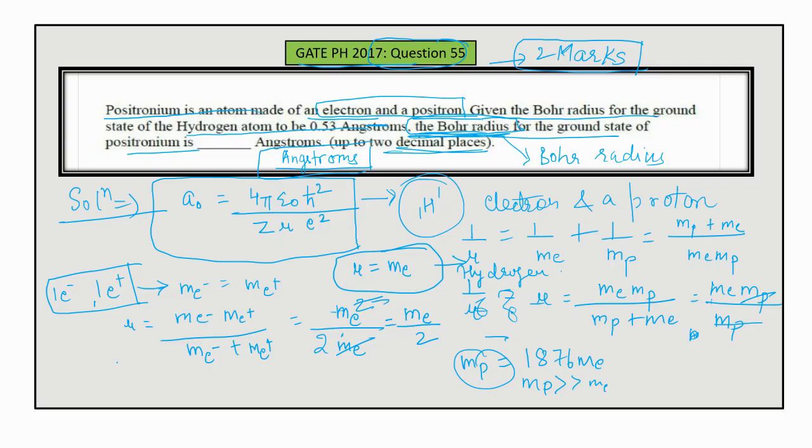Okay, put this in the formula. a naught is equal to 4 into 3.14 into epsilon naught. What is the value of epsilon naught? 8.85 into 10 raised to the power minus 12. H cross value is how much? 1.05 into 10 raised to the power minus 34, whole square.